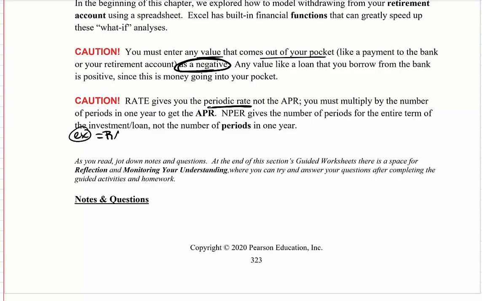We had a rate calculation of 60 payments of $500. So if you're paying $500, it's negative, it's coming out of your pocket. And then we'll put 20,000 here. Maybe we're paying for a $20,000 car loan or something, comma, 0.